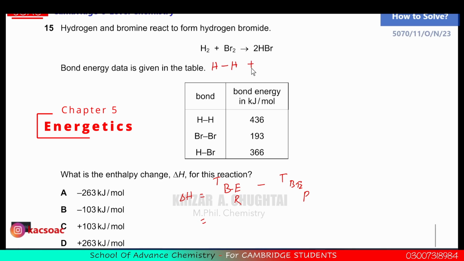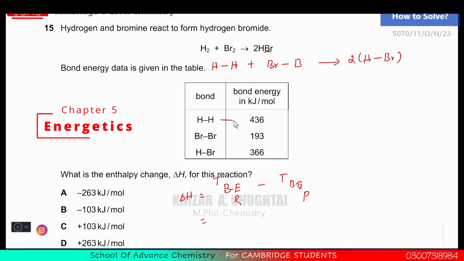I'm going to draw the displayed formula: H-H plus Br-Br goes to 2HBr.